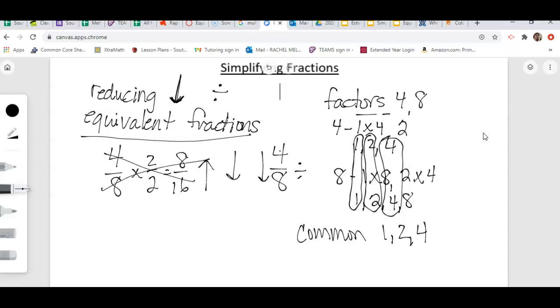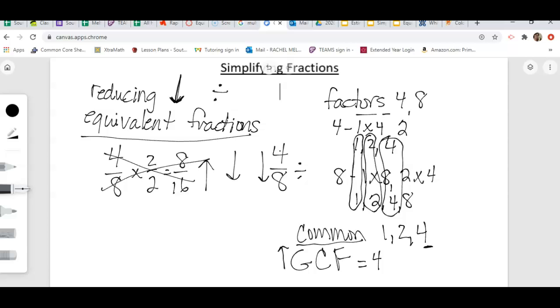What we're looking for today is that GCF, the greatest common factor. This is the highest one they have in common. So the greatest common factor for these two numbers is 4.